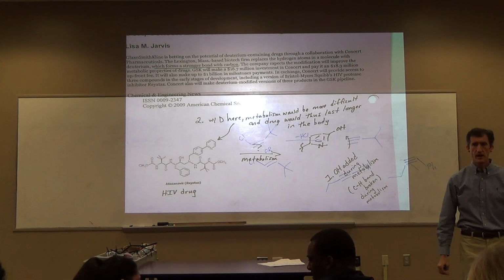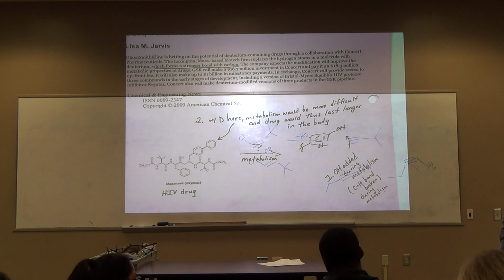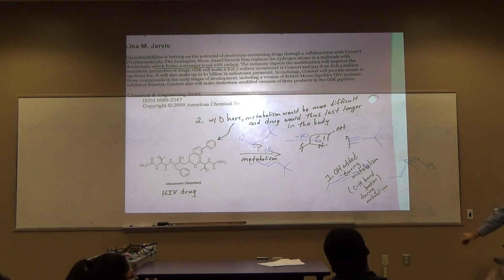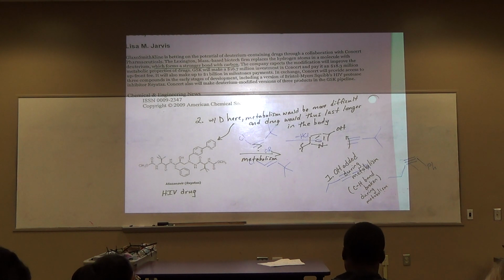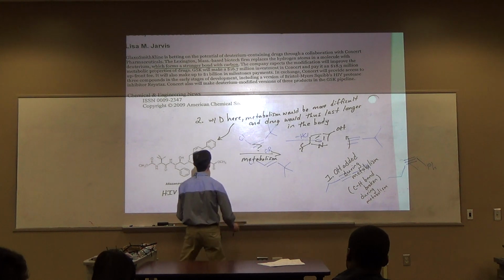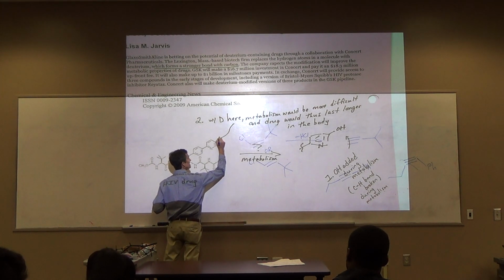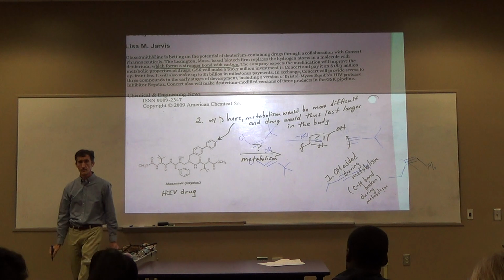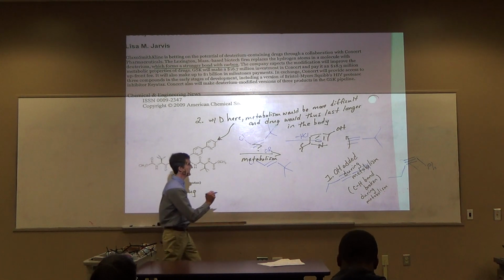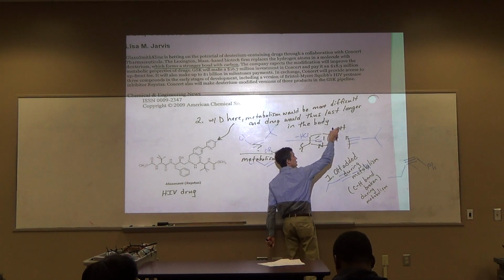Okay? And so if you want the drug to last longer, which sometimes you may, you want to stop the metabolism or slow it down, right? Metabolism kills the drug. One way that medicinal chemists, pharmacologists have come up with is to replace this H with a D. Does everybody agree that when this drug is metabolized, the CH bond is broken?